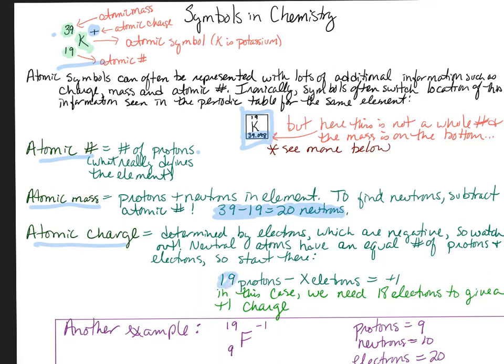So I've set up this equation here to state that if we have 19 protons, I would then subtract the number of electrons to give me that +1 charge. So if I have 19 protons, I would only subtract 18 electrons in order to give me that +1 charge. And so this element would only have 18 electrons.